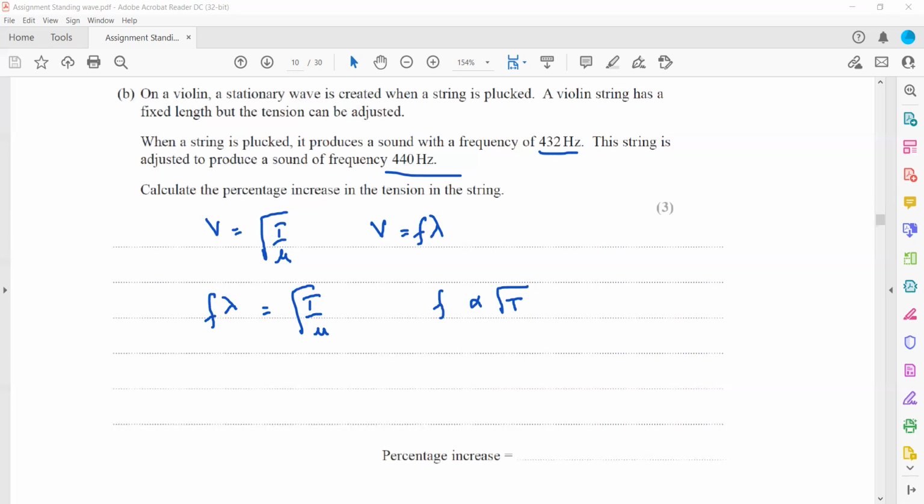Or if we square this, we can say frequency squared is directly proportional to T. Whenever two quantities are directly proportional, we can use a constant: f squared equals K times T, or f squared over T is equal to K.